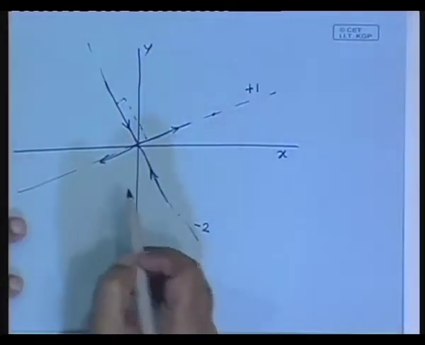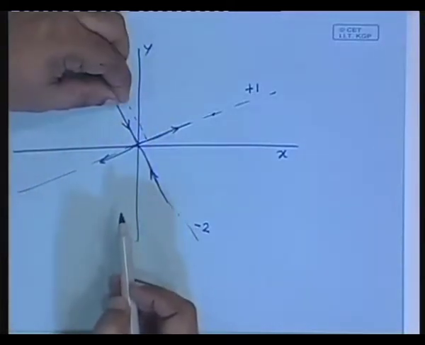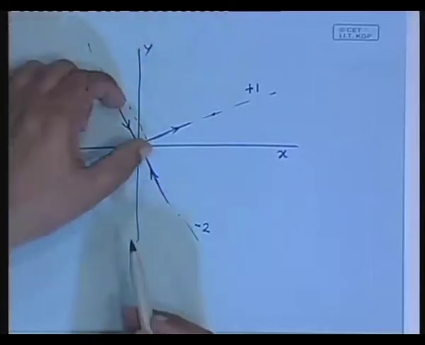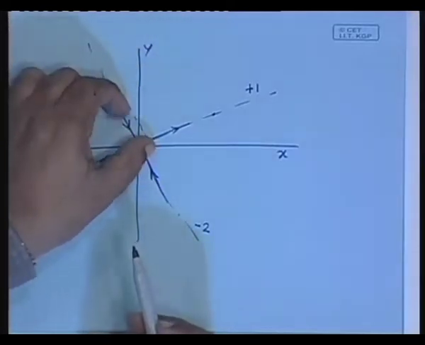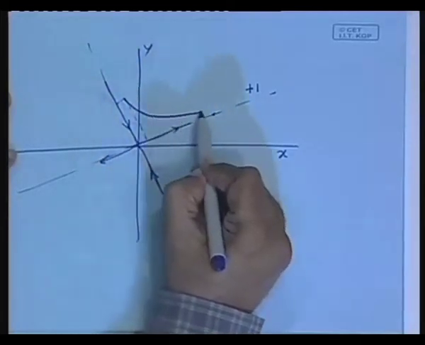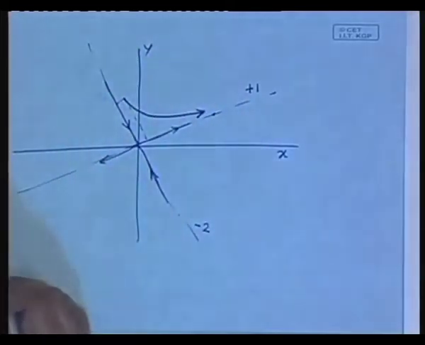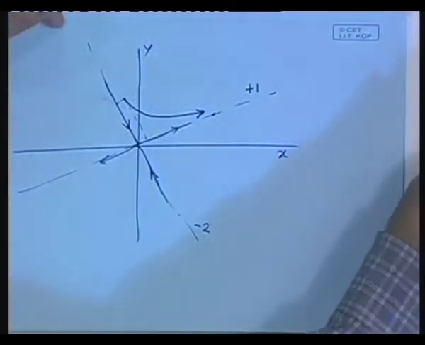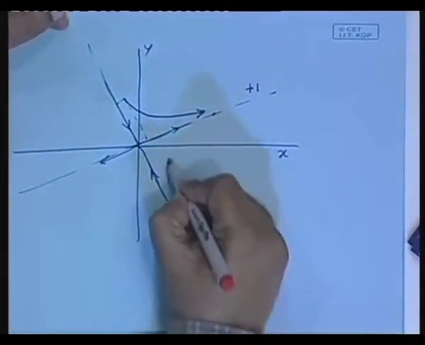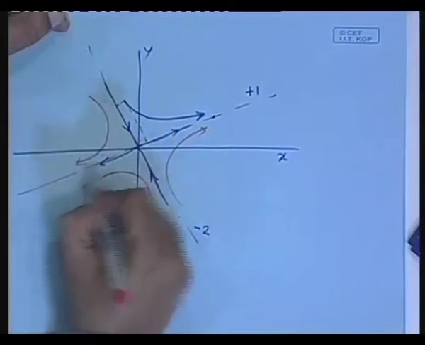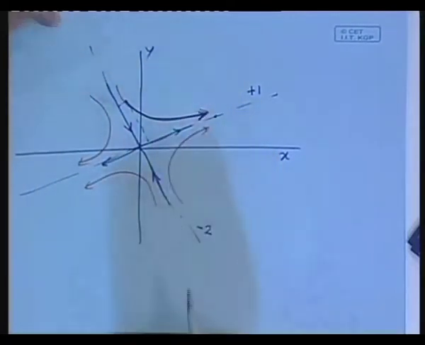Your argument should be that this particular projection should increase, this length should decrease, and therefore it should evolve like this, right? And if I draw the others, say here it will go like this, from here it will go like that, from here it will go like that.